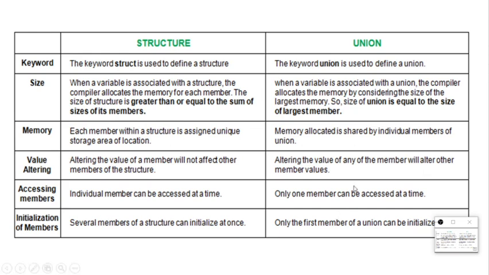But in a union, any alteration to any member, if you are increasing or decreasing the size, or removing any data member, will affect the other members also, right? In a structure, individual members can be accessed at a time. In the union, only one member can be accessed at a time, so individual accessing is not possible.